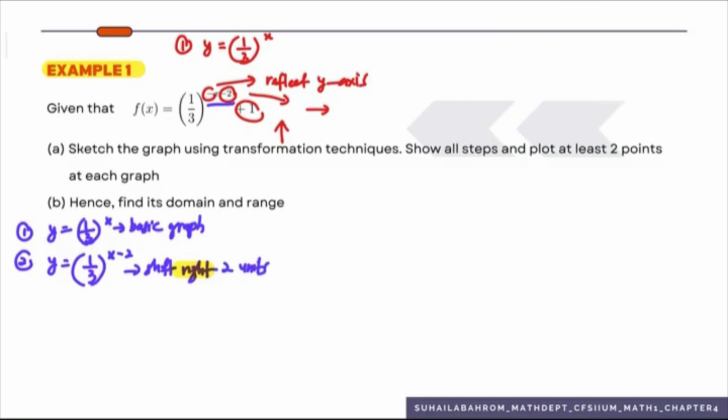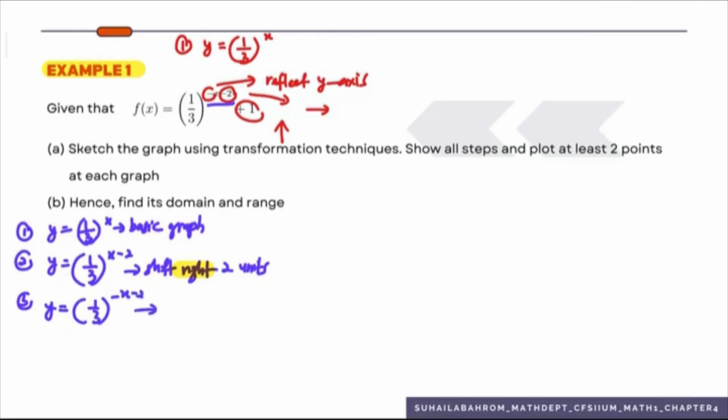Shift to the right is already understood to be a horizontal shifting. And then the next one, the function will become y = (1/3)^(-x-2), because we have a reflection here.